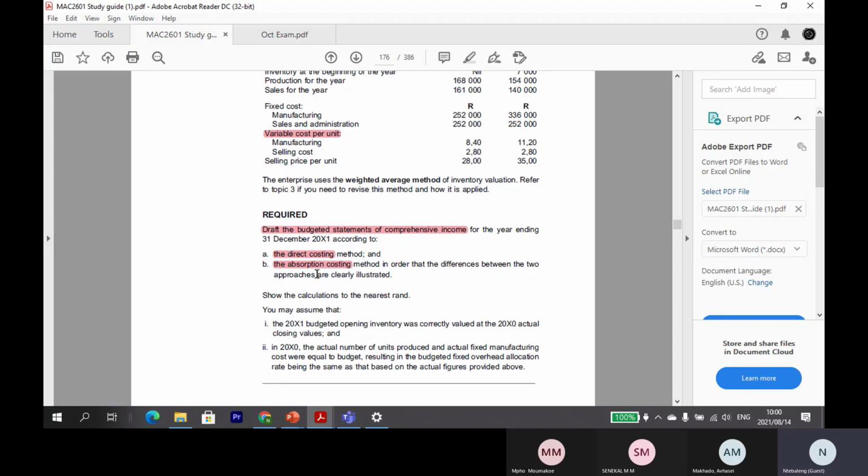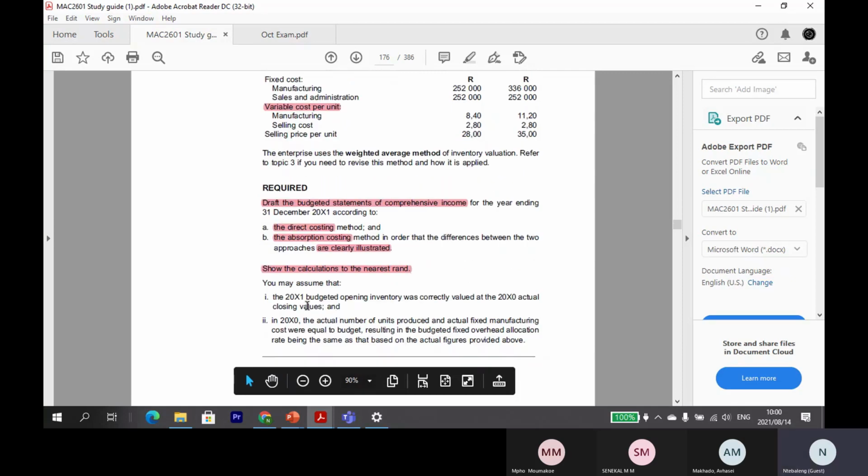They say you must make sure that we see the difference between the two. Show your calculation to the nearest rand. Remember last week we were having an issue in terms of the rounding for weighted average. So at least here they tell you to show your calculation to the nearest rand.